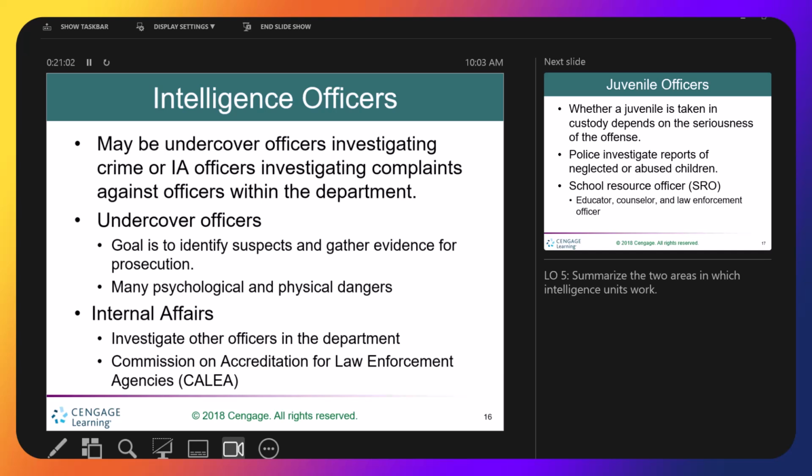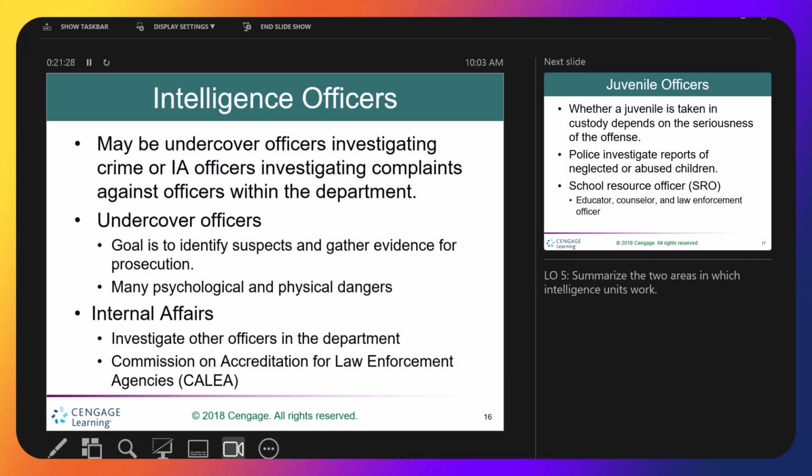So when we look at intelligence officers, you think in terms of people who are maybe undercover officers investigating crime, or IAs. These people are operating a lot of times in a covert way. It could be covert work on the public, or covert work on a police department or some officers they believe might be corrupt.